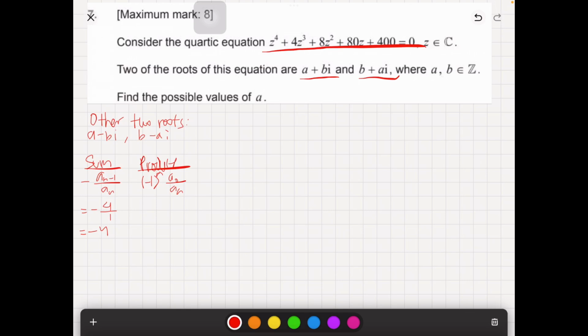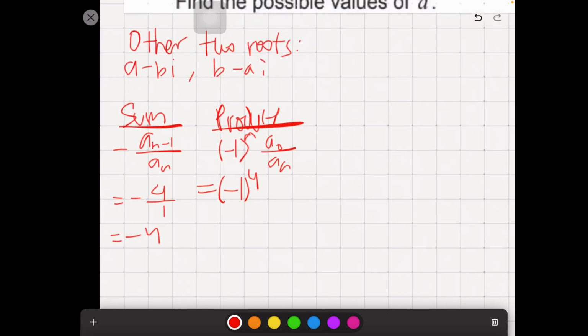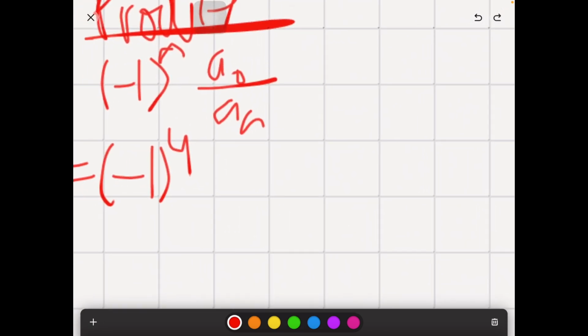Now for the product of the roots, negative 1 to the power of n. n in this case is 4, because that's the highest power. So this is equal to negative 1 to the power of 4 times a naught over a_n. a naught in this case is 400, and a_n is just 1.